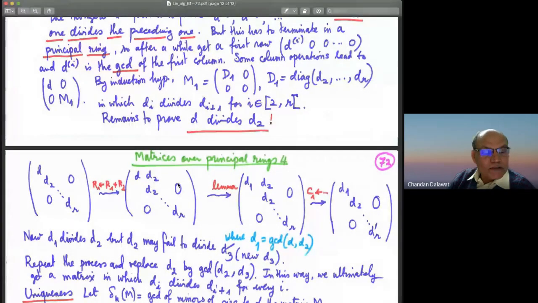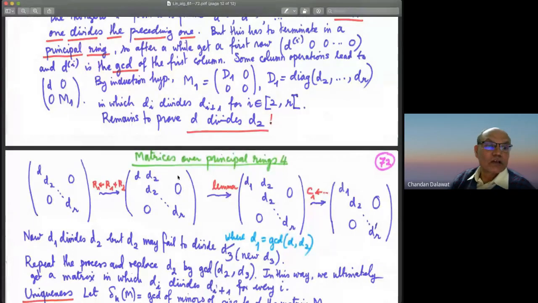Okay, so let's perform the following row operation. You replace the first row by adding the second row to the first row, and you'll get this. And what does the lemma tell you? If you apply the lemma at this stage, you can replace this first row by D1, D2, where D1 is the GCD of D and D2.